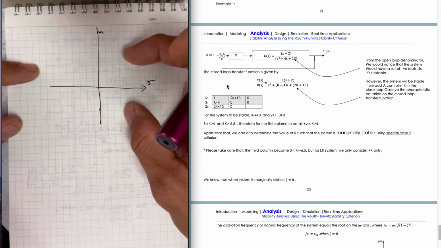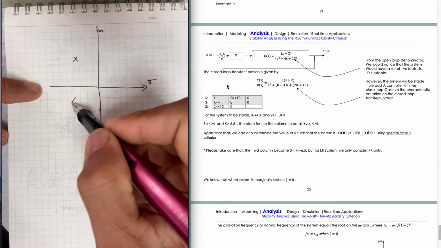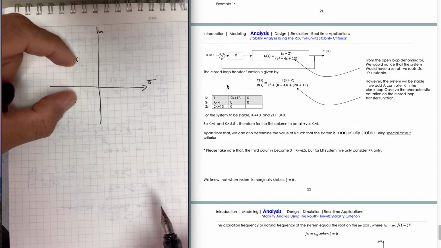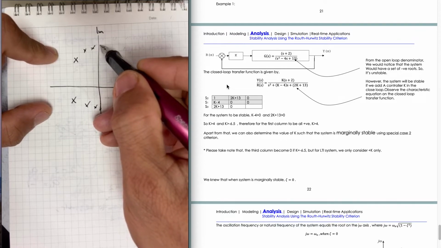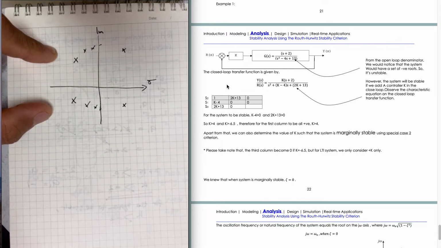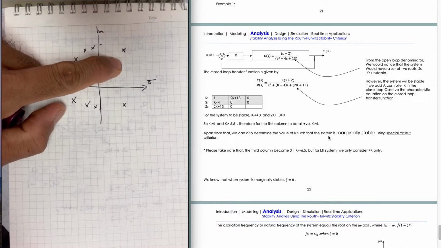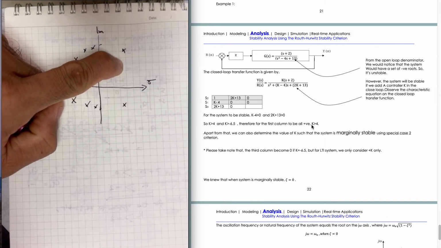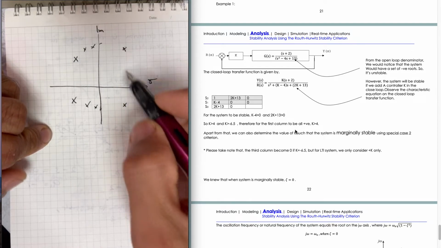Let's say this is a second order system. Maybe at a certain value of k we have two poles here. As we increase k it will move further, and when k is less than 4, the system is unstable, because the range to be stable is k greater than 4.